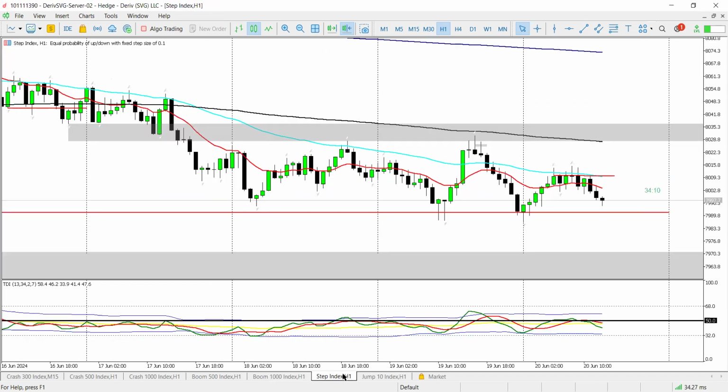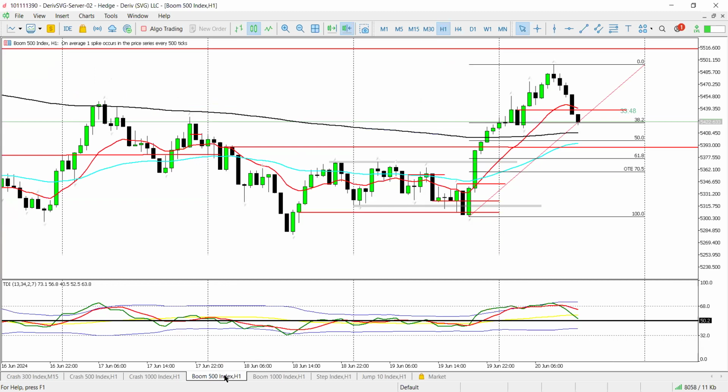So just a recap, step index. If we break here, we are looking for a continuation to the downside. We're going to run a fib. If we respect this area, price might still come take out these highs, still come back up here, then come back down. So again, remember to trade what you see, not what I say. B1, we're waiting for confirmation.